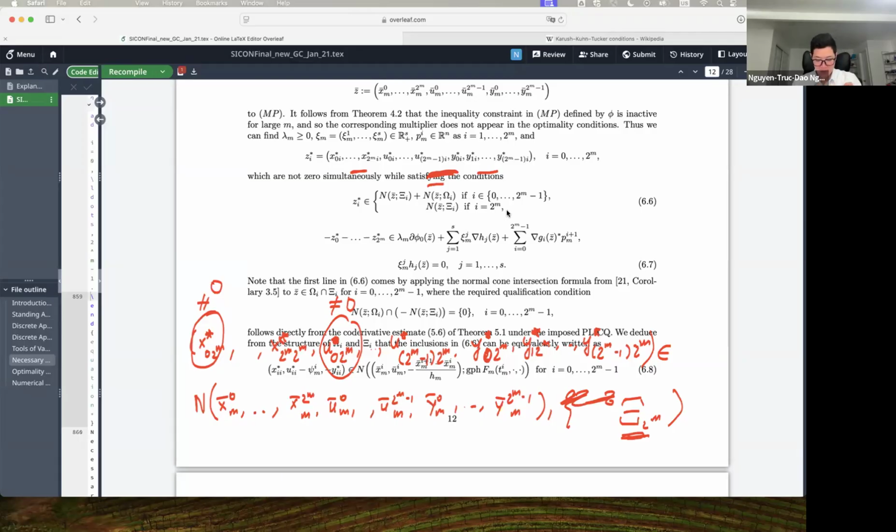Wait, we just have two non-zero components here. Other numbers are going to be zero.